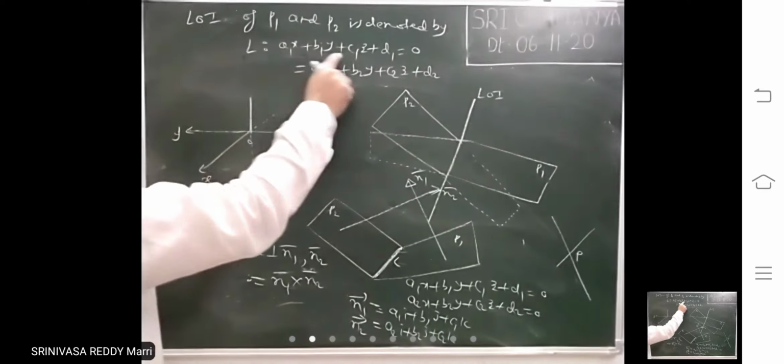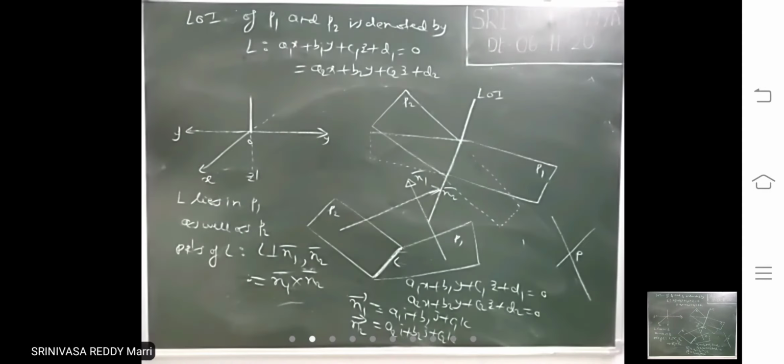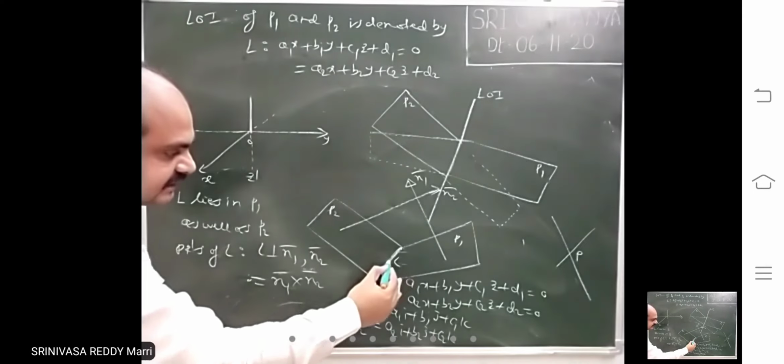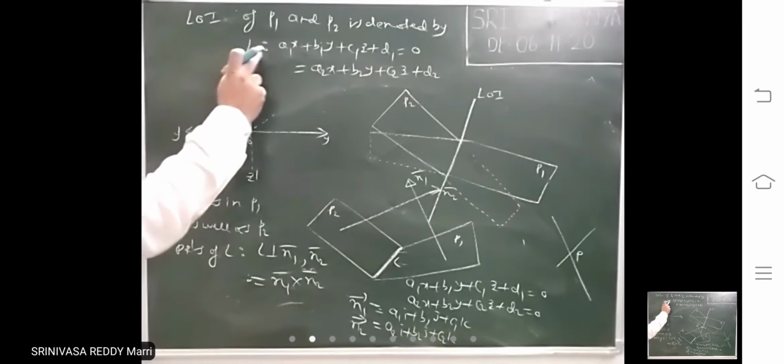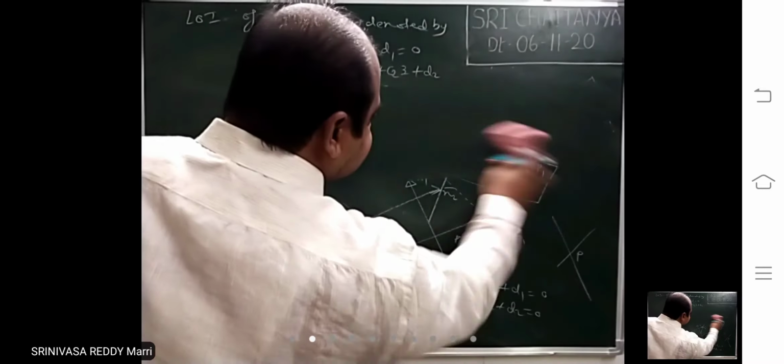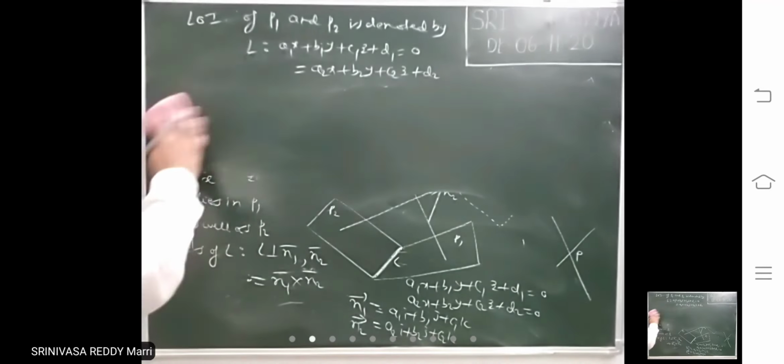He will give one plane equal to 0 and the other plane equal to 0. This means the line is nothing but the line of intersection of both planes. If the line is in this form, it is called the line of intersection of two planes.